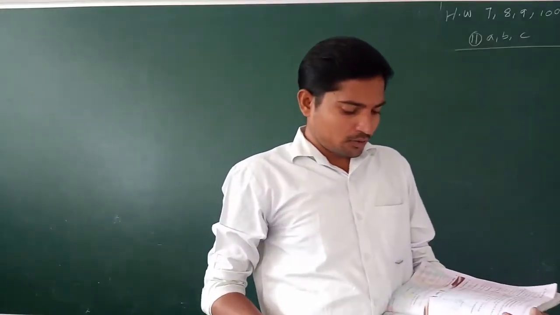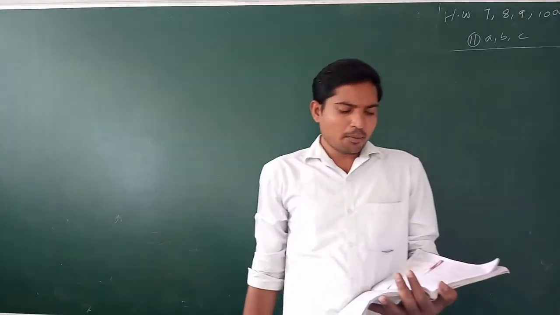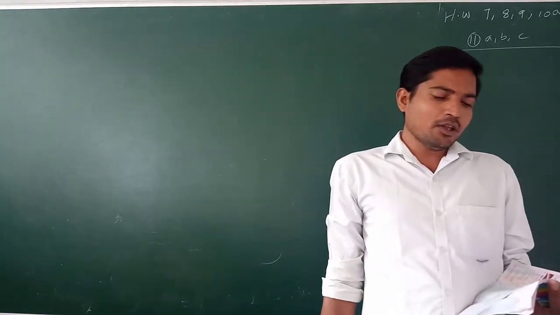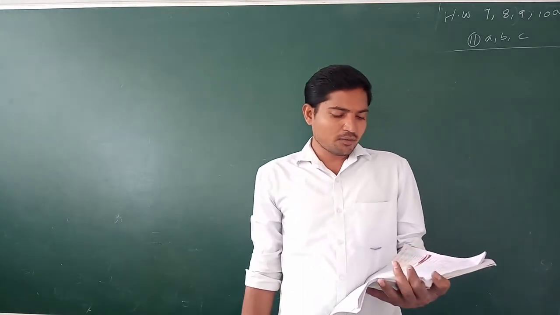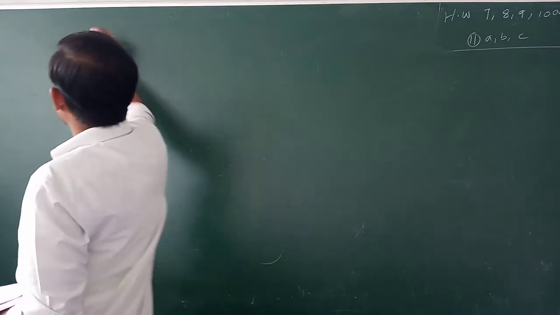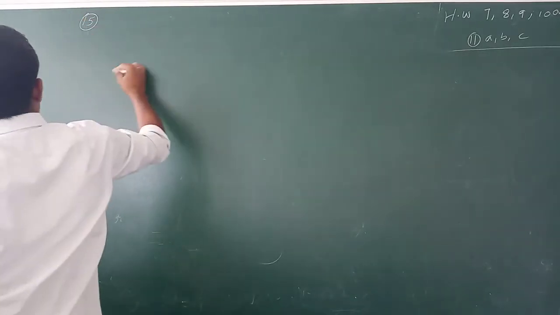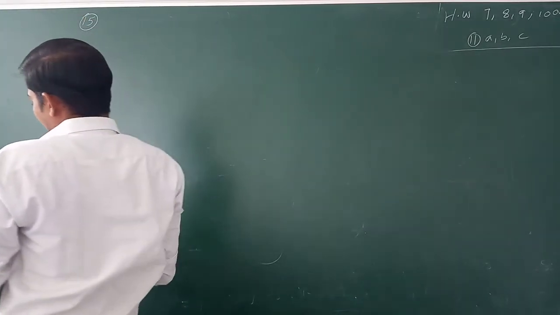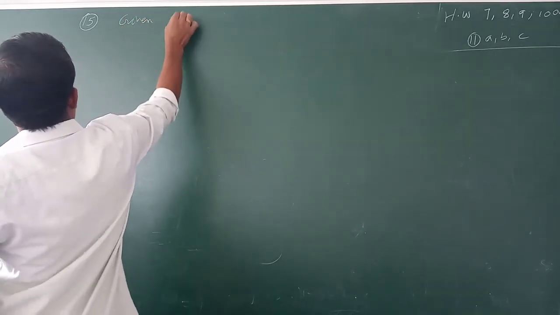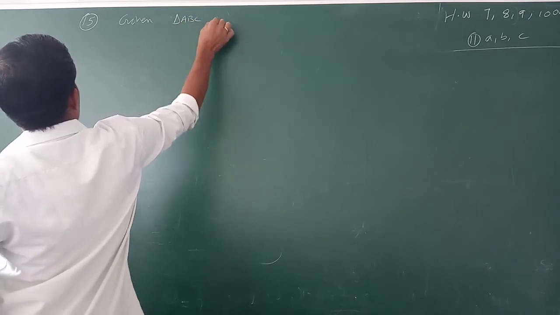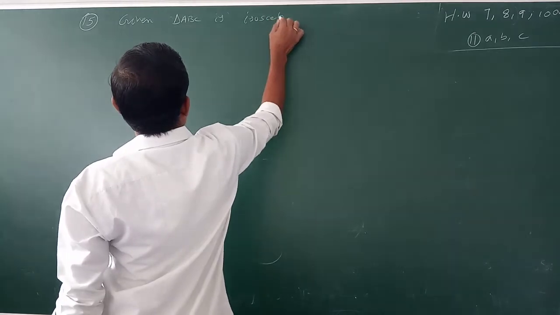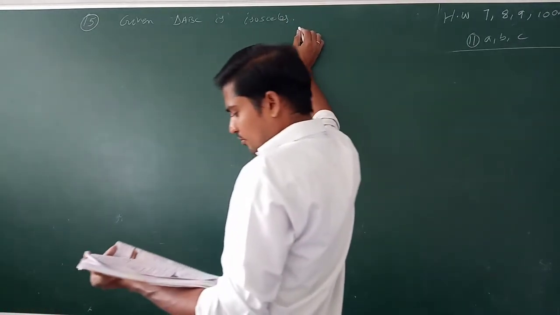Now 15th one. ABC is an isosceles triangle whose base is BC, and B and C coordinates are given. Then the coordinates of A may be. Given triangle ABC is isosceles.